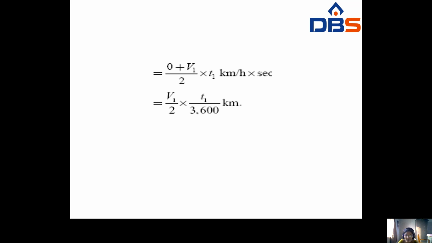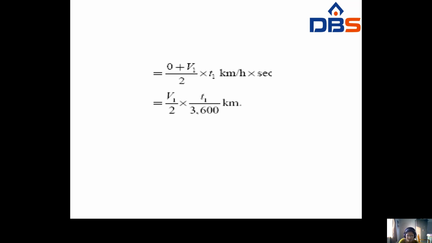You have to take the average of these two, so it is 0 plus V1 by 2 into T1 kilometer per hour per second. So it is converted into kilometers: V1 by 2 into T1 by 3600 kilometers.